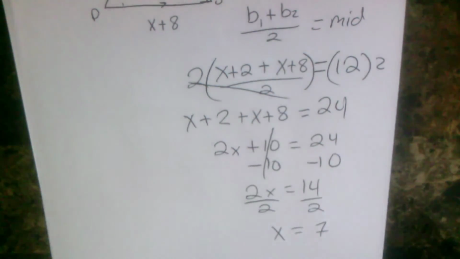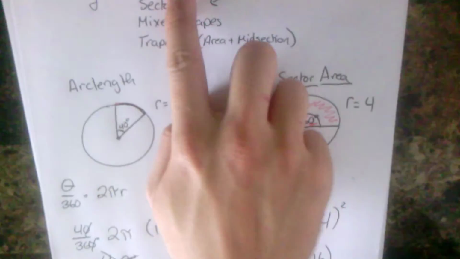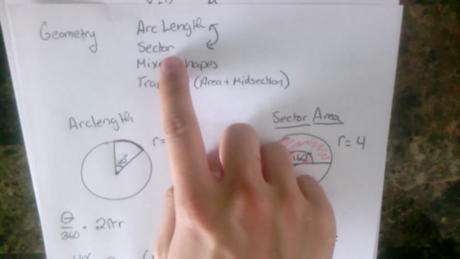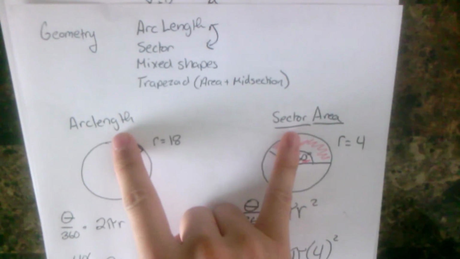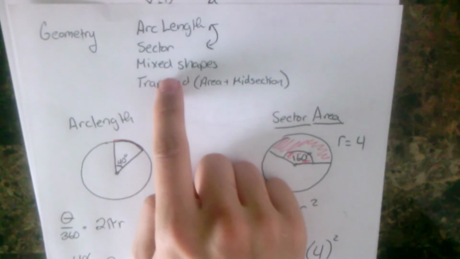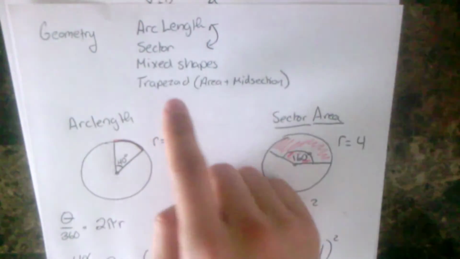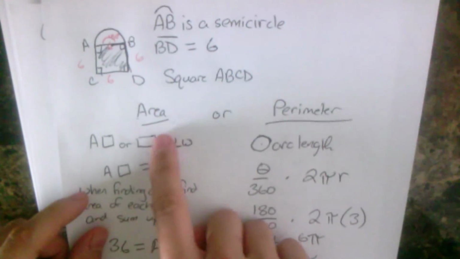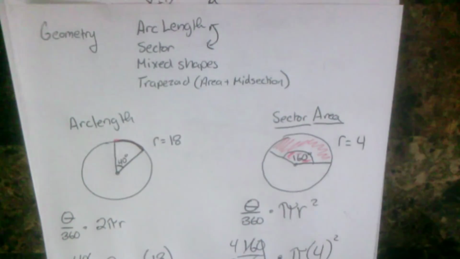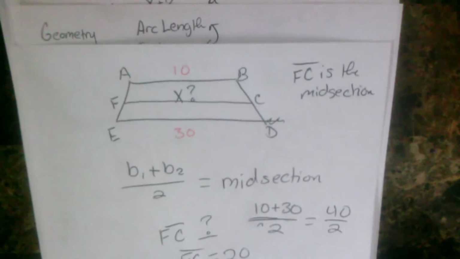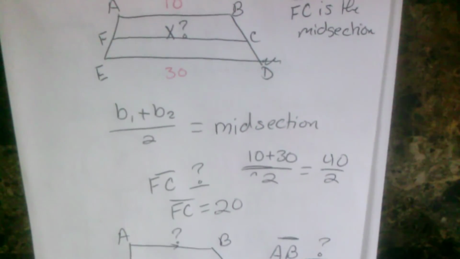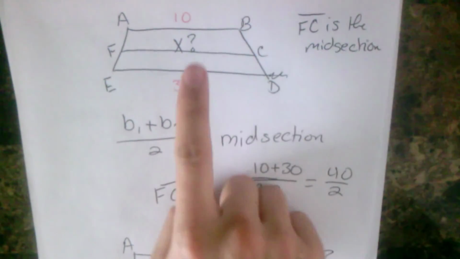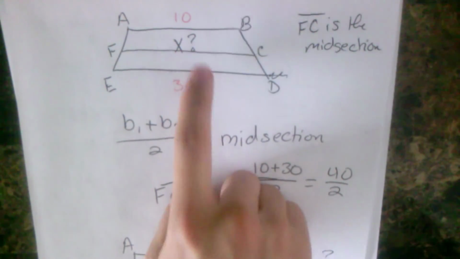You're going to be doing arc length, sector, which are these two. Mixed shapes, which is like this one right here. Okay, mixed shapes. Remember, area and perimeter of mixed shapes. And then midsections, which can be like this one, where it's just basic, top and bottom, add them together, divide by 2, gets that.